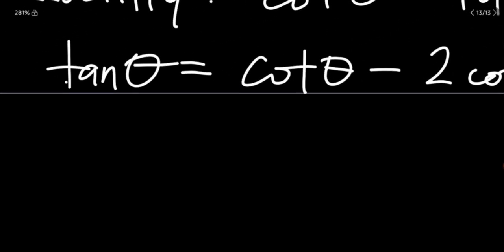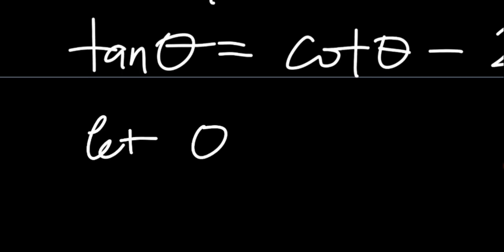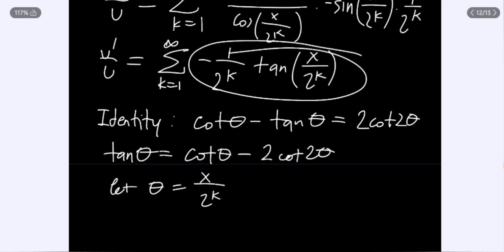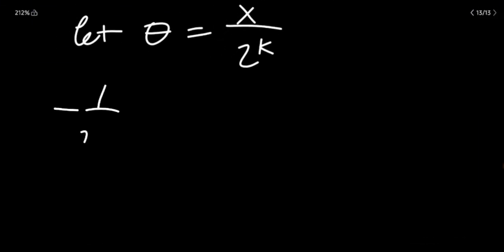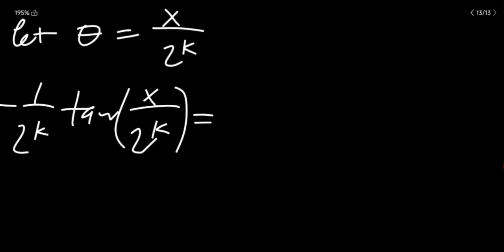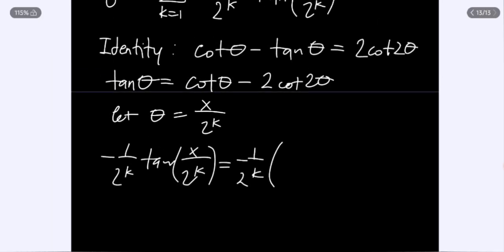And if we let theta equal x over 2 raised to k and match our form here, you should have negative 1 over 2 raised to k tangent of x over 2 raised to k equals negative 1 over 2 raised to k times this one with theta equals x over 2 raised to k.